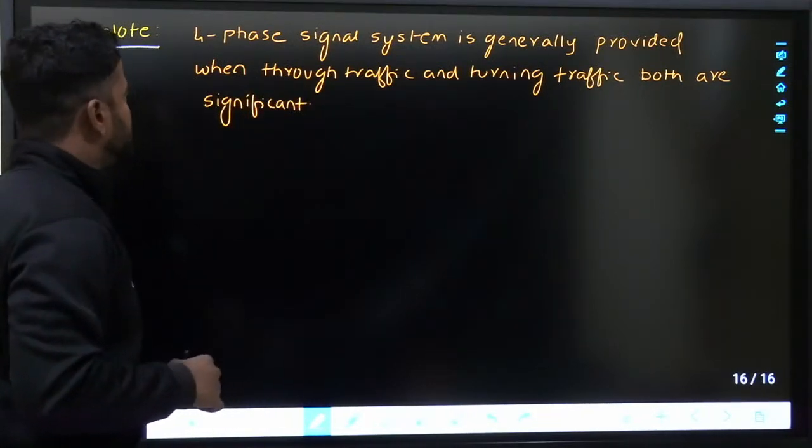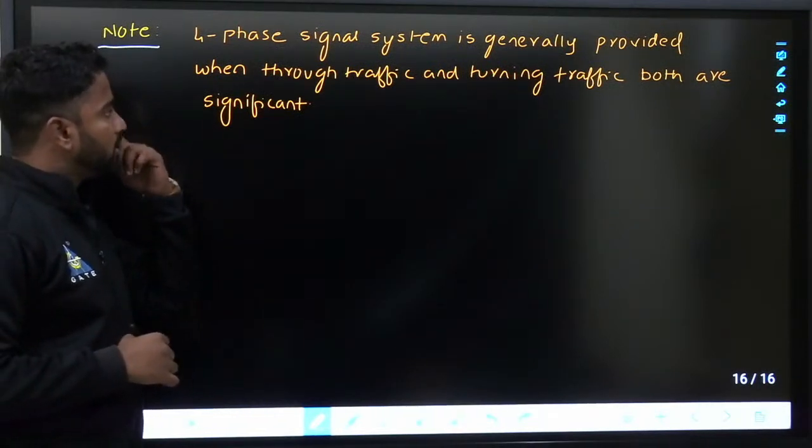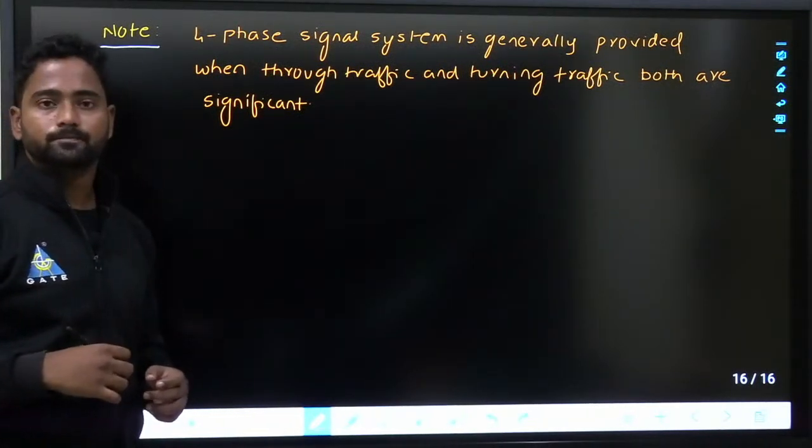Four-phase signal system is generally provided when through traffic and turning traffic both are significant. Fine.